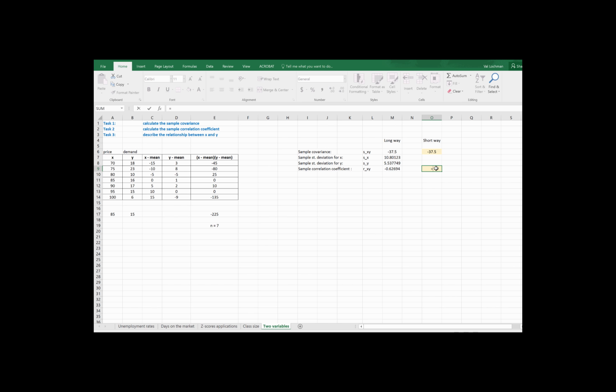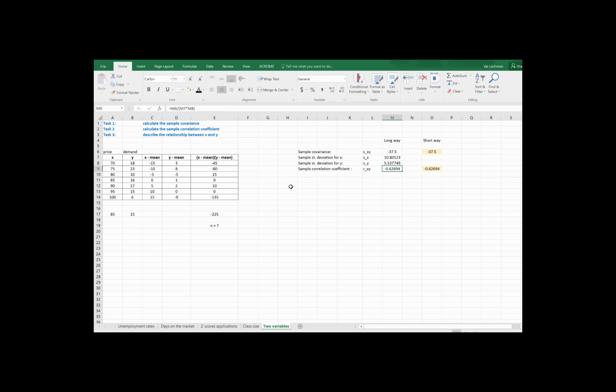Let's check this with a shortcut. You would say equal correl, and look, the description says it returns the correlation coefficient between two data sets. We open the parentheses, highlight the first one, highlight the second, close the parentheses, enter. And look, we get exactly the same thing. So what does this tell us? That the relationship is moderately strong. The closer it is to -1, the stronger it is as far as the linear relationship goes.